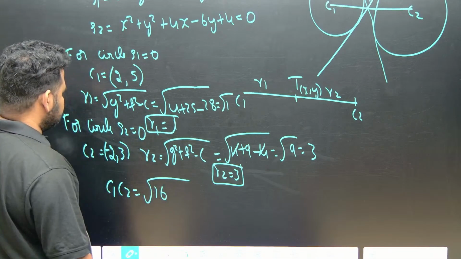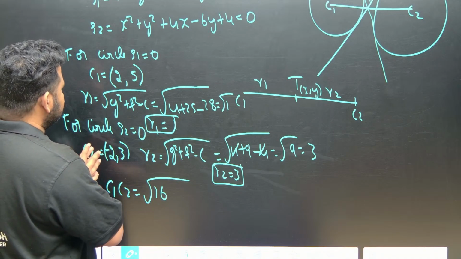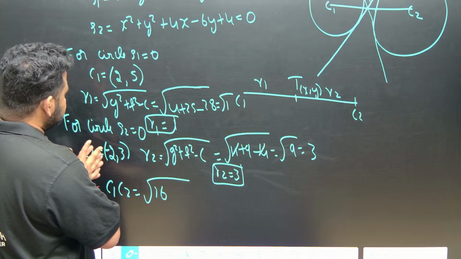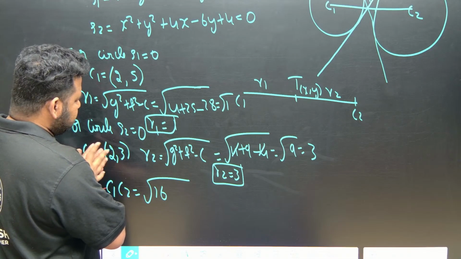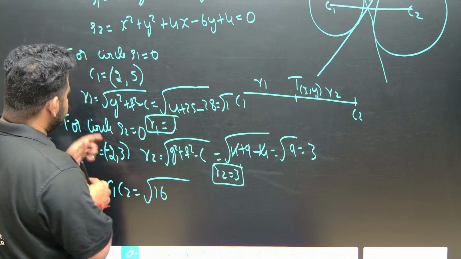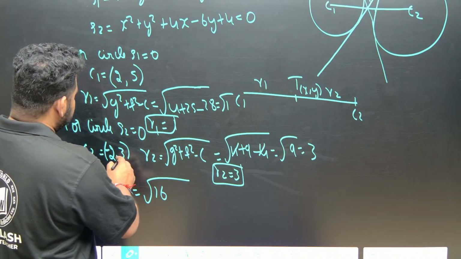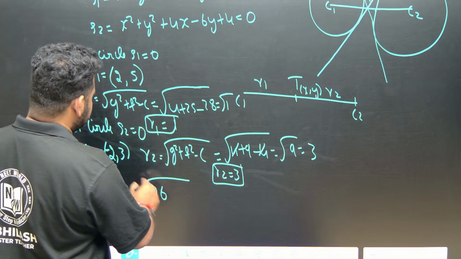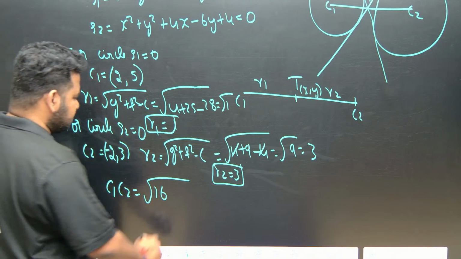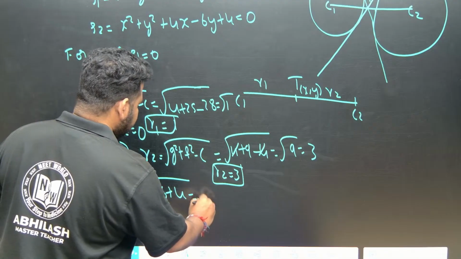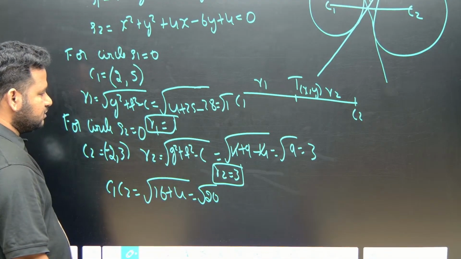Then y2 minus y1, 3 minus 2, is square root of 20, that is nothing but equal to square root of 20. So C1 C2 is square root of 20.